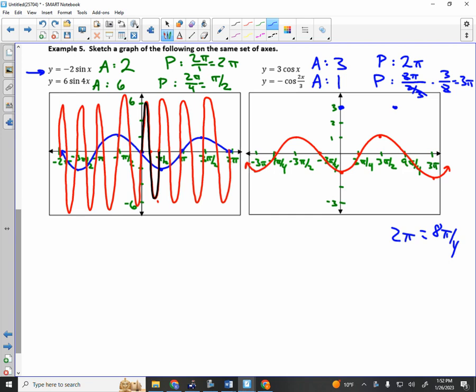And I should be back at the top at right about negative 8 pi over 4 on that side. Halfway in between, I'll be all the way down at the bottom. So I'm not making a perfect graph, but it's pretty good.